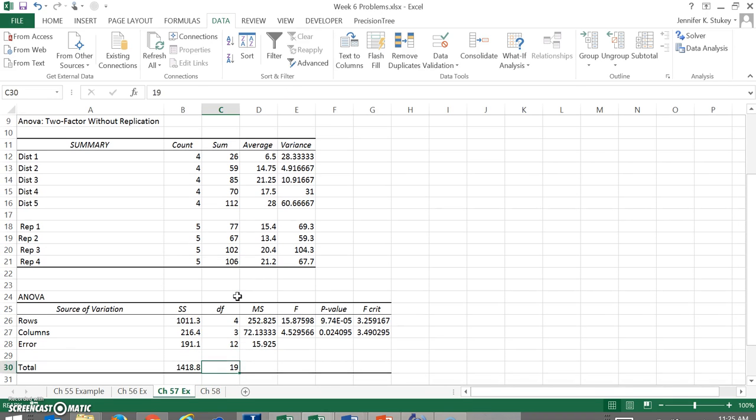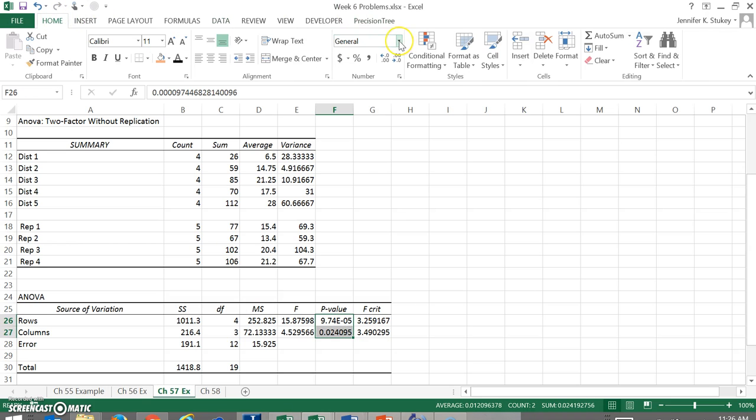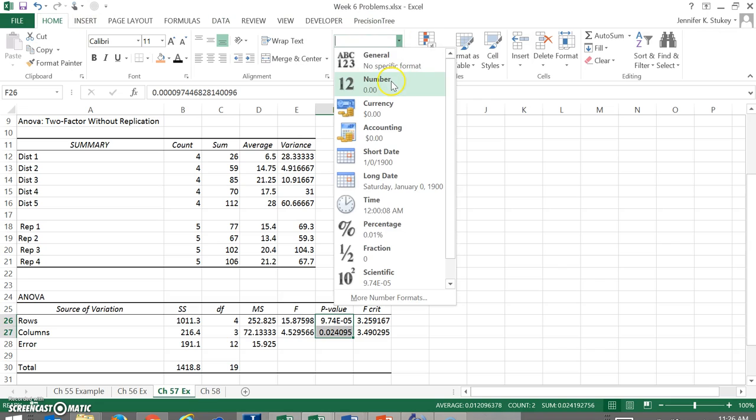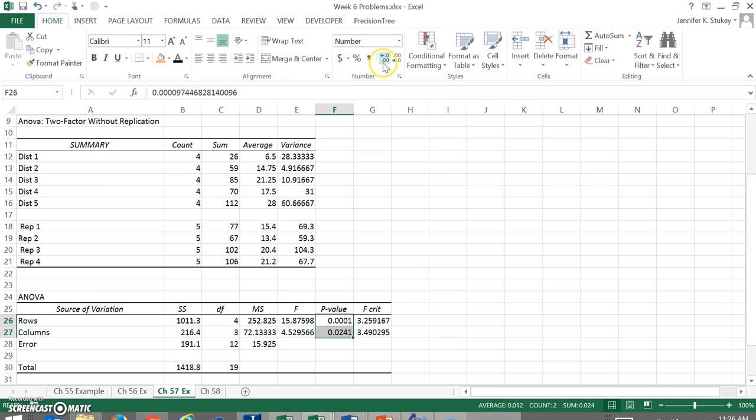Well, the first thing that we need to look at is the p-value for the rows and columns, and I'm going to make these numbers decimals again so the exponents don't confuse you as to whether or not these are significant. We have to make sure that both the rows and the columns are significant or not, and your book has them significant if they are 0.15 or less.